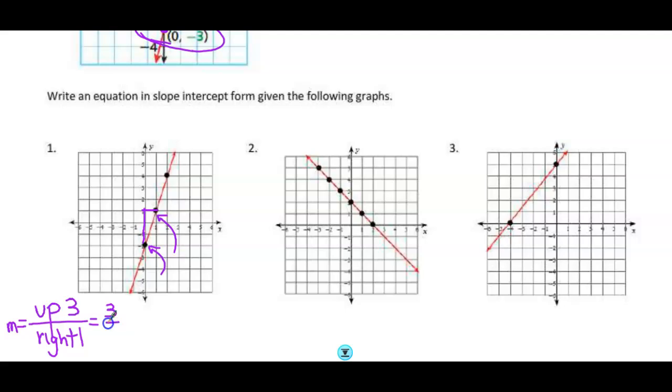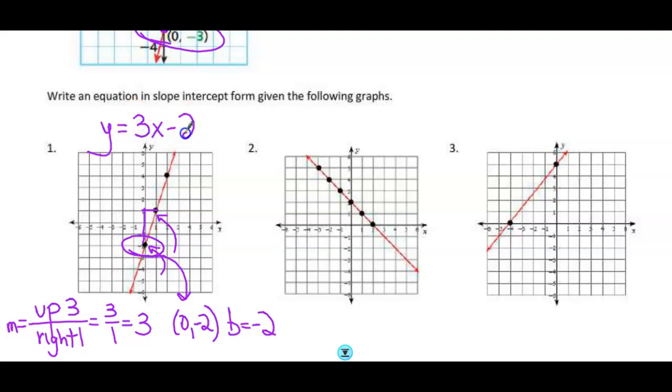That is positive 3 over 1, or a 3. You look for the point where it crosses the y-axis. That is the ordered pair, I believe, (0, -2). So your b is -2. Therefore, when you substitute it back in, you get y equals 3x minus 2.